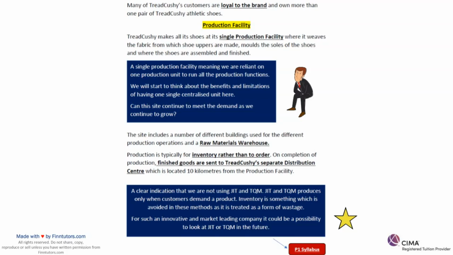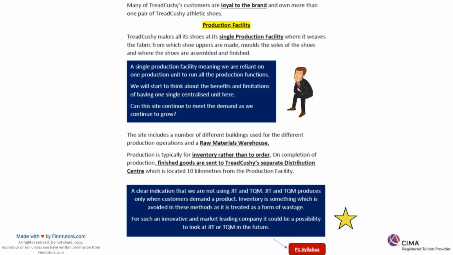Now, TreadCushy makes all its shoes at one single production facility where it weaves the fabric from which shoe uppers are made, molds the soles of the shoes, and where the shoes are assembled and finished. Every single production activity happens at one single factory. So I'm thinking that a single production facility means we are reliant on one production unit to run all the functions.